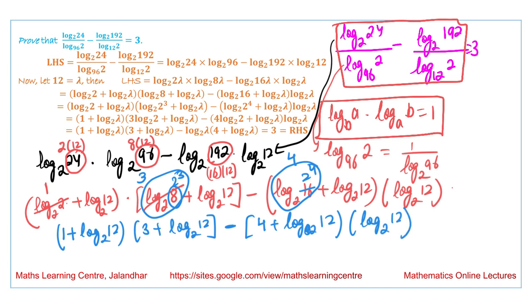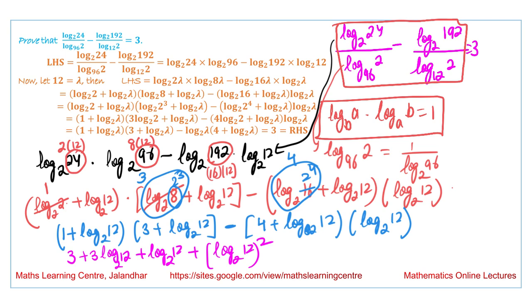Now if we multiply these terms, the answer we obtain is 3 plus 3 log 12 to the base 2, then plus log 12 to the base 2 plus log 12 to the base 2 whole square.